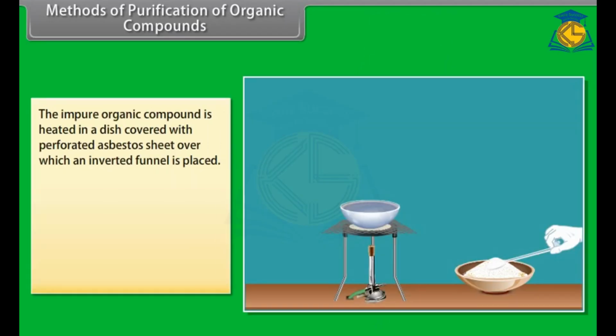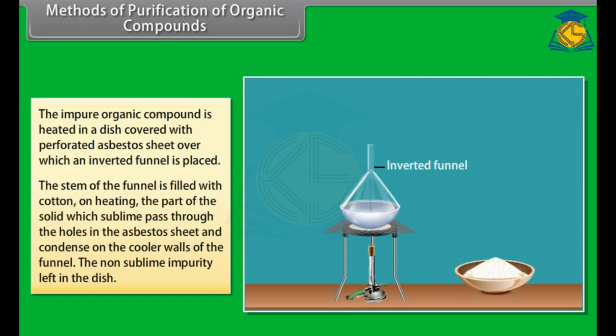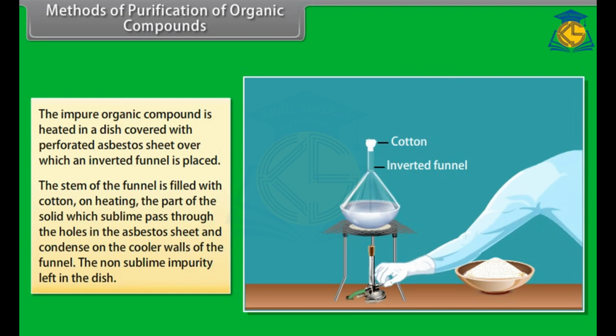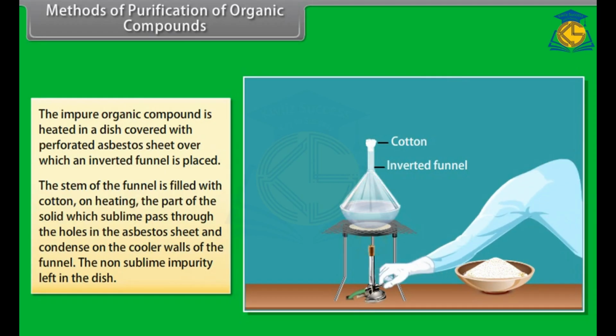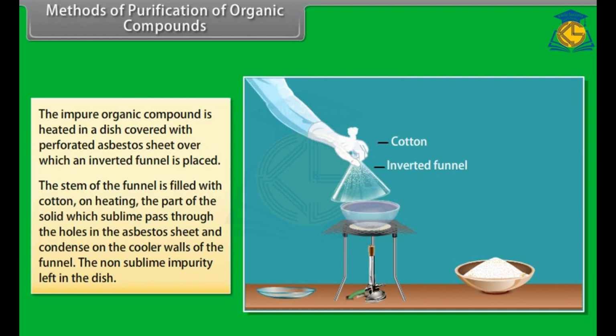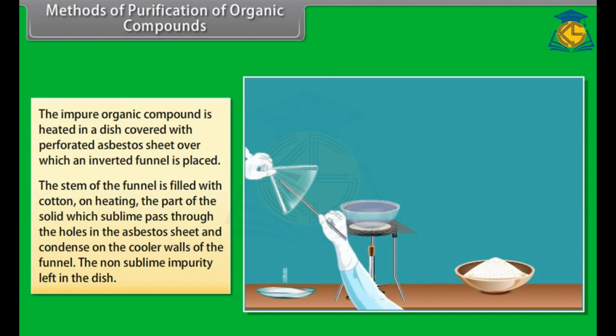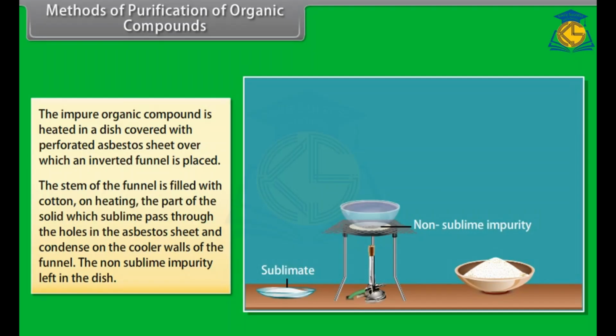The impure organic compound is heated in a dish covered with perforated asbestos sheet over which an inverted funnel is placed. The stem of the funnel is filled with cotton, and on heating, the part of the solid which sublimes passes through the holes in the asbestos sheet and condenses on the cooler walls of the funnel. The non-sublimable impurity is left in the dish.